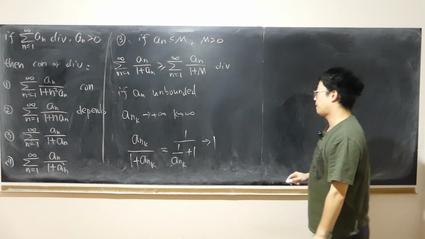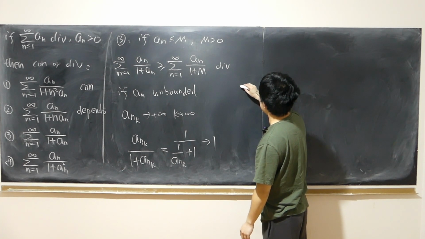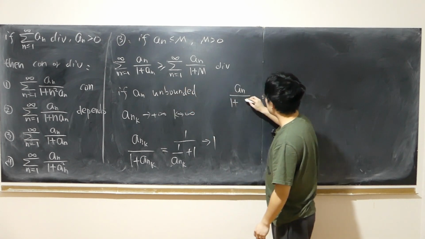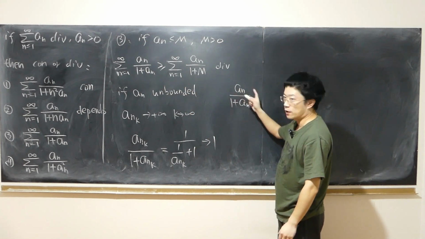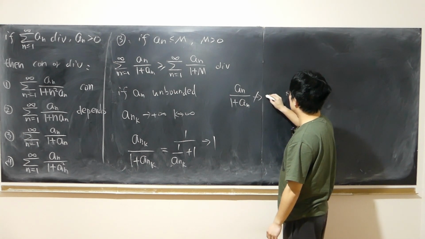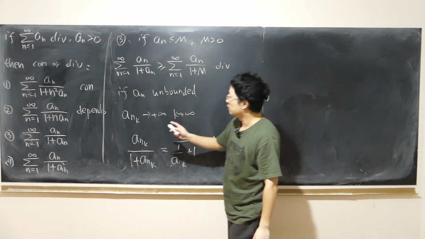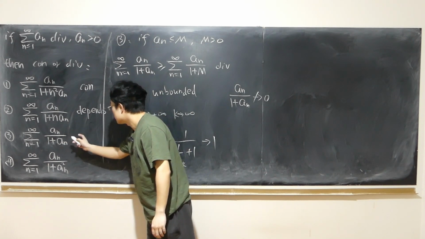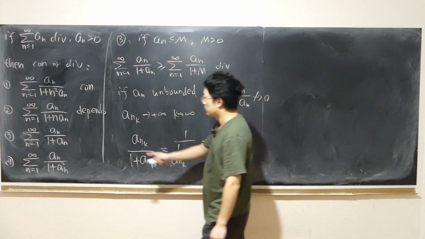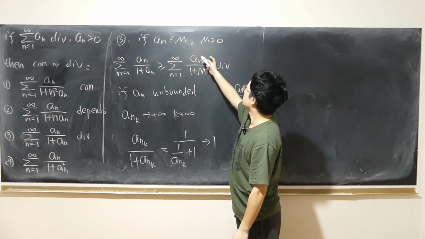So there's no way for the general term a_n over 1 plus a_n to approach 0. It's impossible for the series to be convergent, because the minimum requirement is that the general term has to approach 0. So it must be divergent in any case.